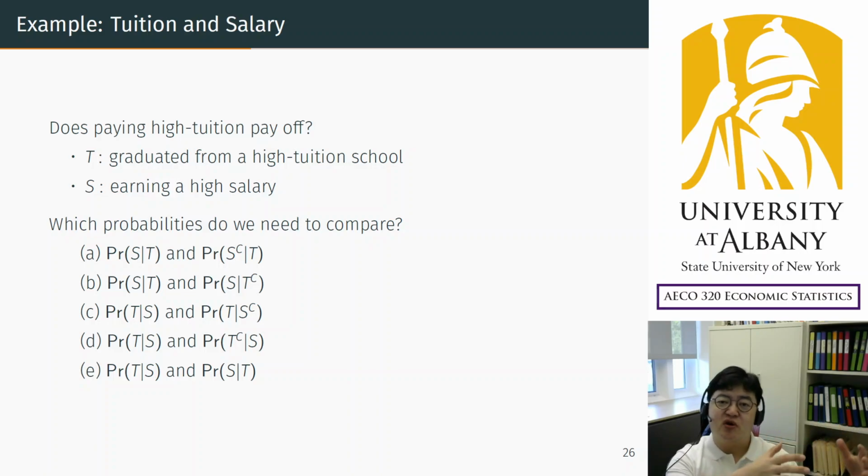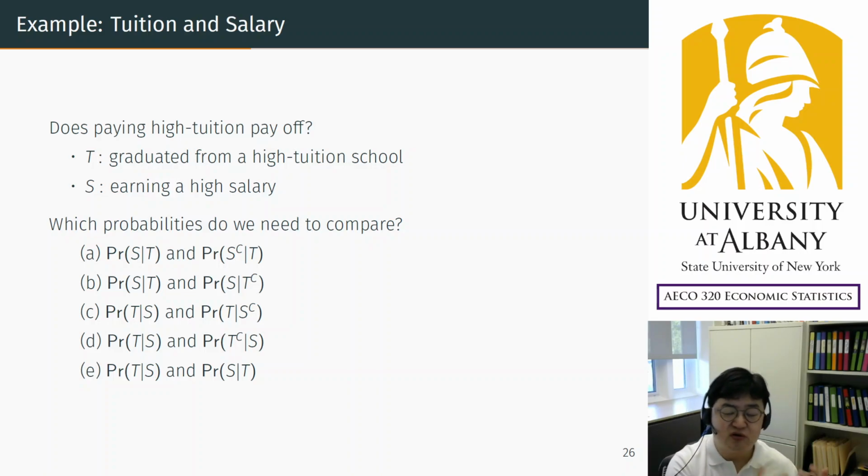So then in this example, we will compare those who graduate from high tuition schools versus those who graduated from low tuition schools, right? So the conditions should be different, T and T complement. But what we compare is the probability of earning high salary. If you graduate from high tuition school, what is the probability of earning a high salary?